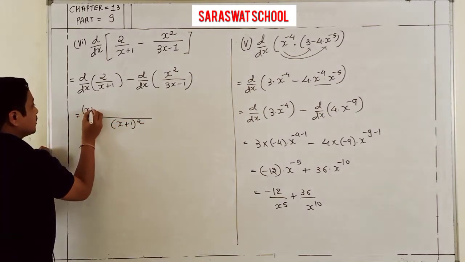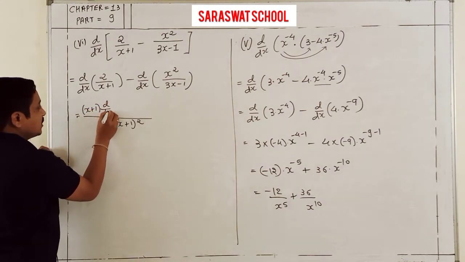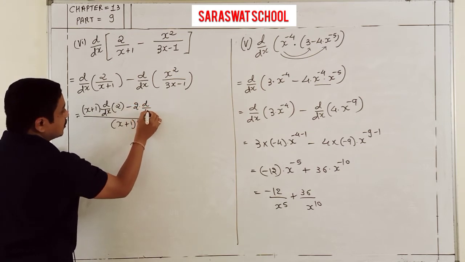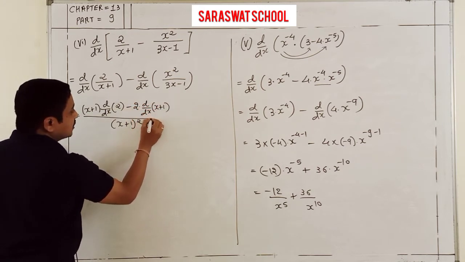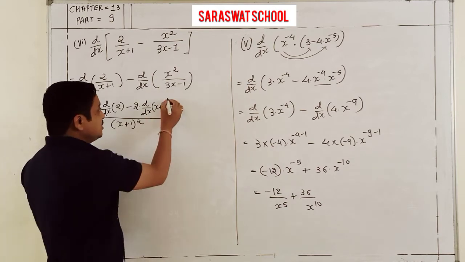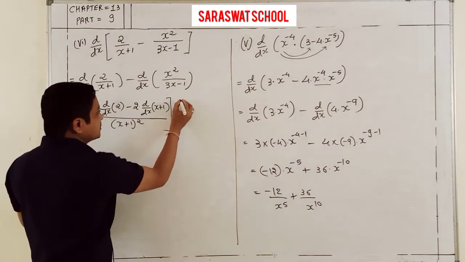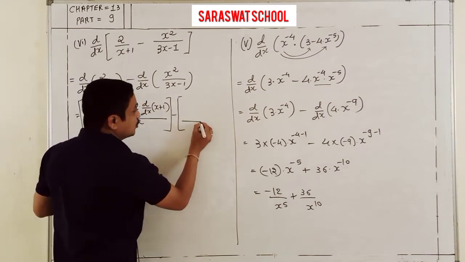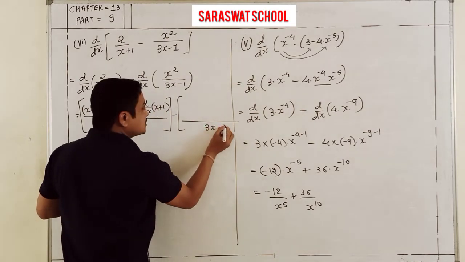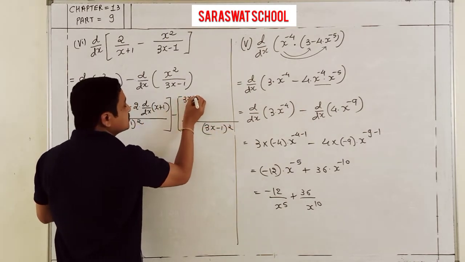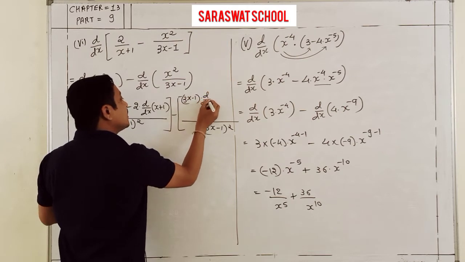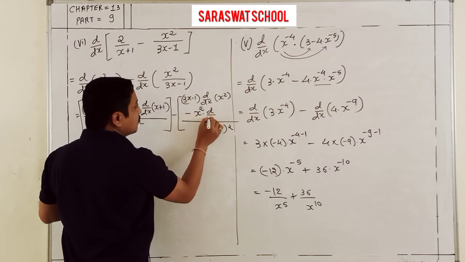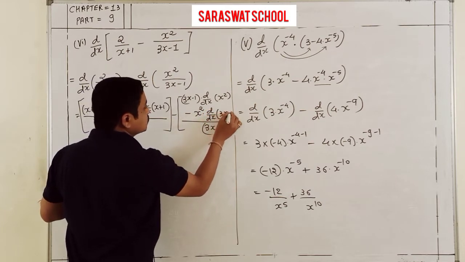Now denominator d/dx of numerator minus numerator d/dx of denominator. That's your simple division rule. Similarly students, minus, here apply the division rule again to the same concept. Yes, in denominator square, 3x minus 1 square, but here 3x minus 1 d/dx of x square, minus now x square d/dx of 3x minus 1.